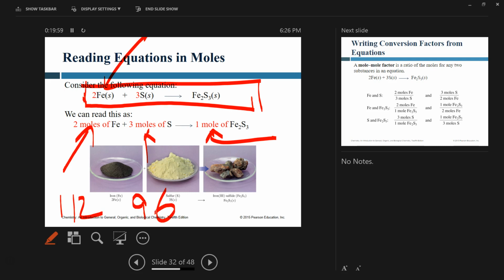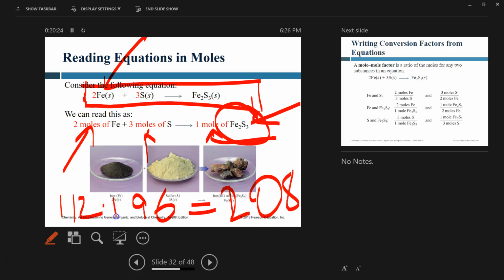So 2 moles of iron will have the mass of 112, 3 moles of sulfur will have the mass of 96. So the mass of 1 mole of iron 3 sulfide will be 208. Does that make sense?